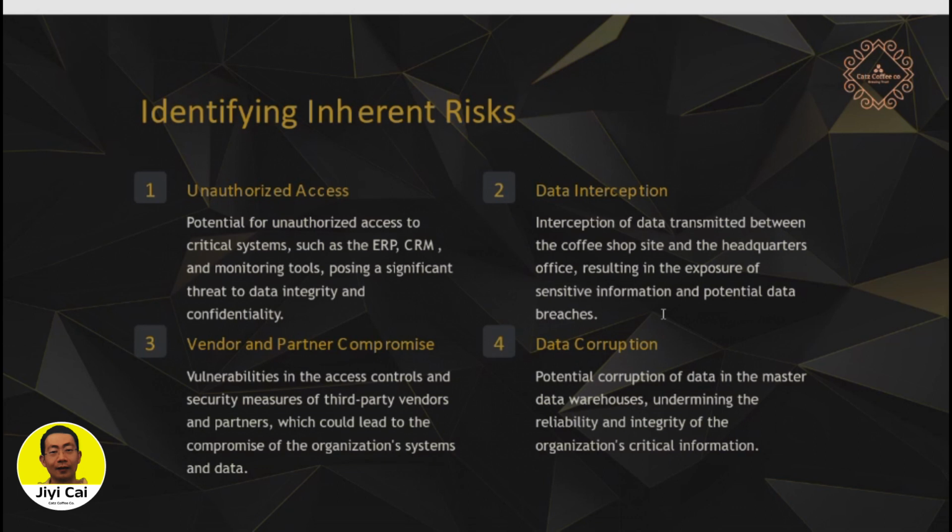This slide is for identifying the inherent risks. So here we can see we are probably facing unauthorized data access, and the data pipeline between the headquarters and the vendor partner could also be compromised.